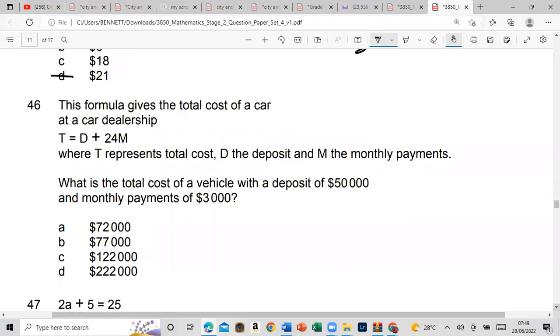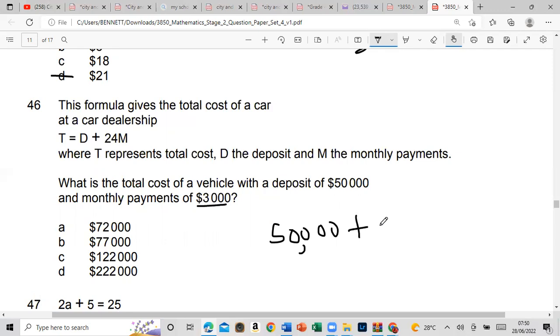This formula gives the total cost of a car at a car dealership. T is equal to D plus 24M, where T represents the total cost, D the deposit, and M the monthly payment. What is the total cost of a vehicle with a deposit of 50,000 and monthly payments of 3,000?